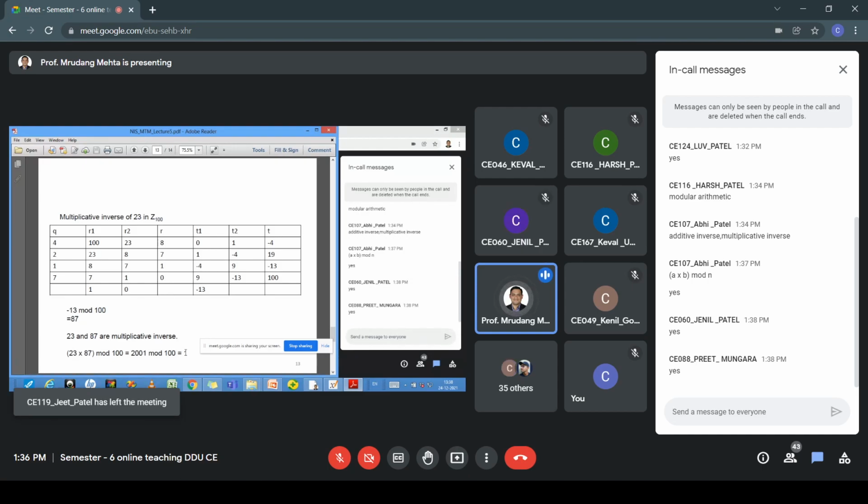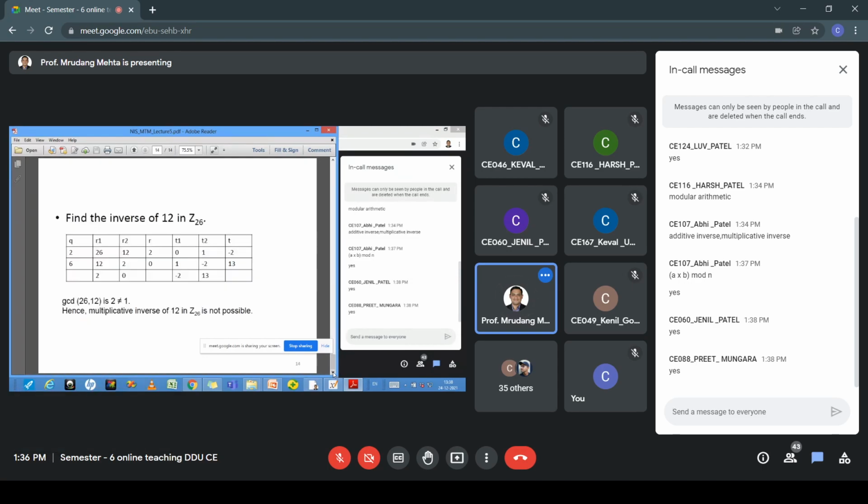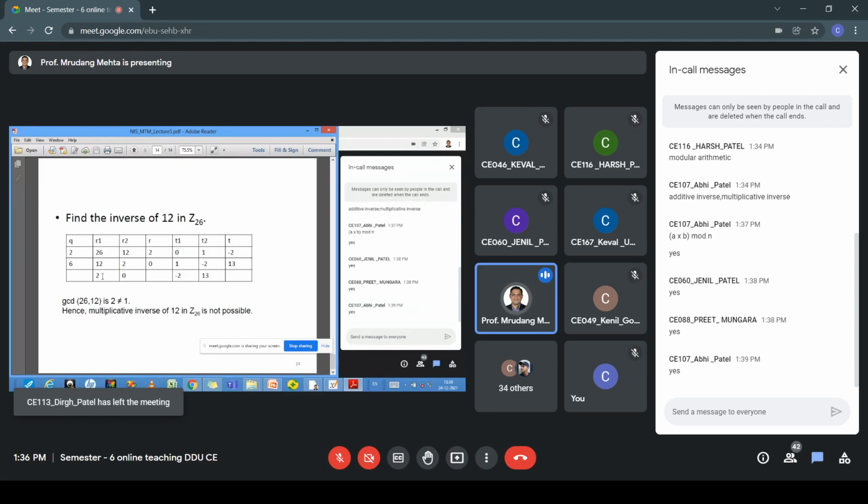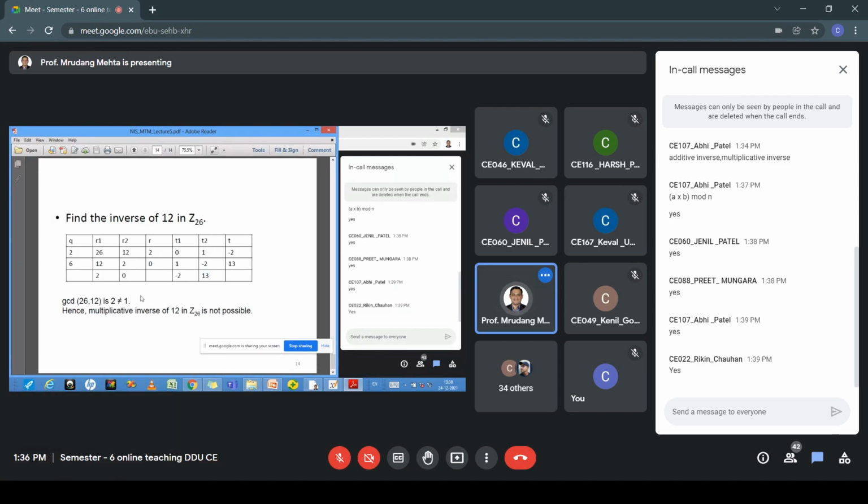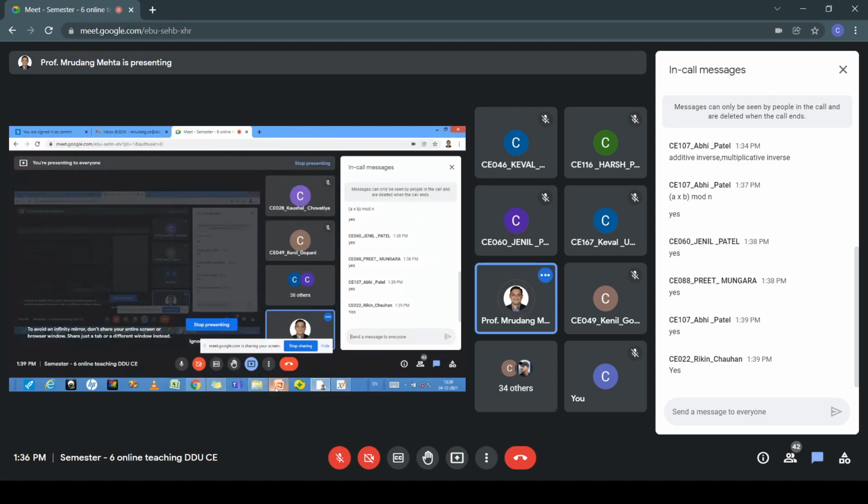Is that clear to all of you? For 12, we find the GCD is 2, so its multiplicative inverse is not possible. Now we will use this multiplicative inverse concept in our further discussion today.